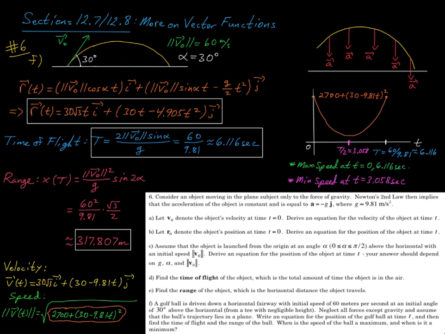So we see here we have a max speed at 0 and at about 6.116 seconds. In other words, the speed is a maximum right when the ball is hit and when it lands. And the speed is a minimum at half of that time, right when the ball reaches its maximum height above ground.